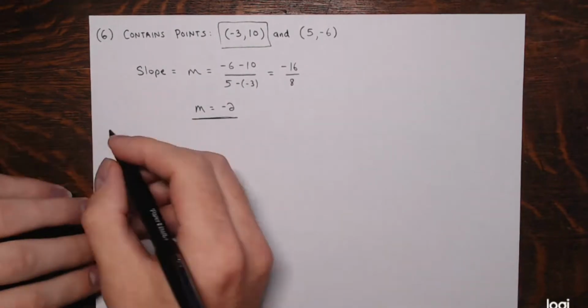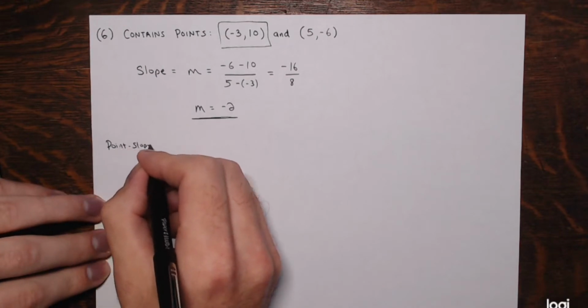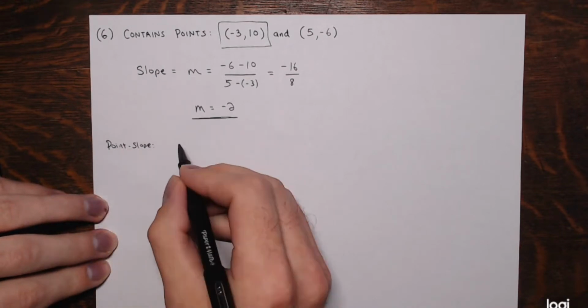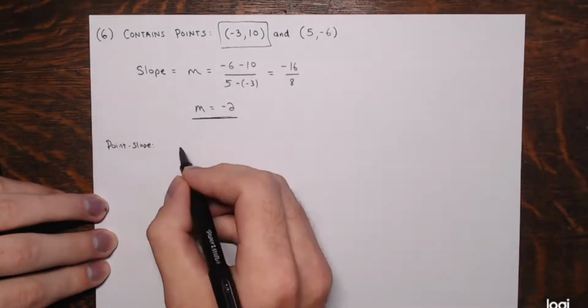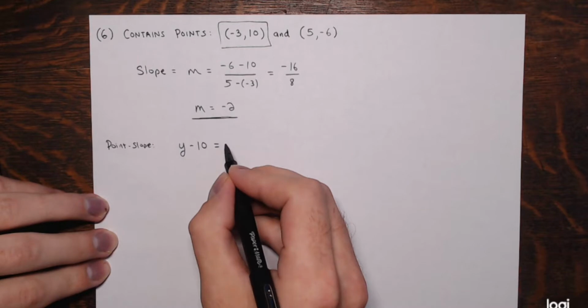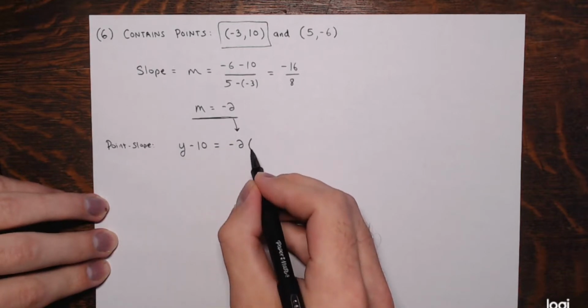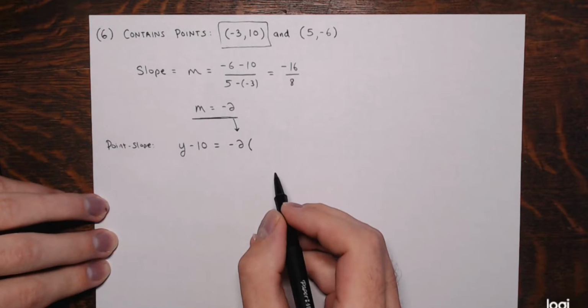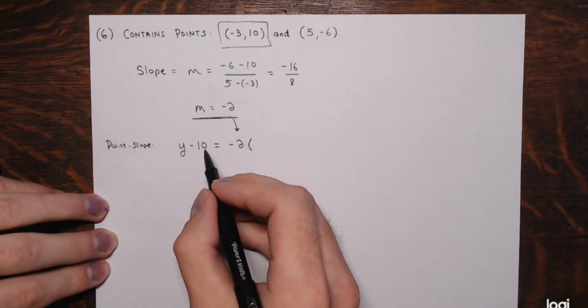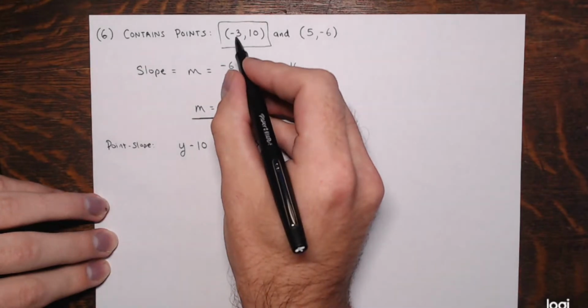And we can write the equation very easily now in point slope form. Remember, it's change in y, so y minus 10 equals the slope, negative 2, times the quantity of the change in x. So that'd be x minus negative 3 from this point that I picked.